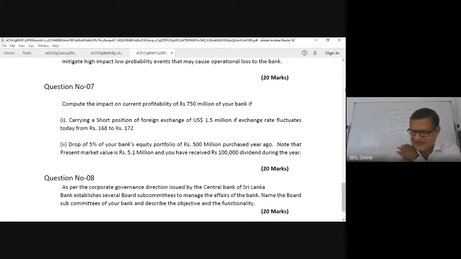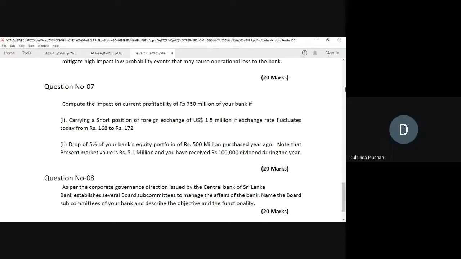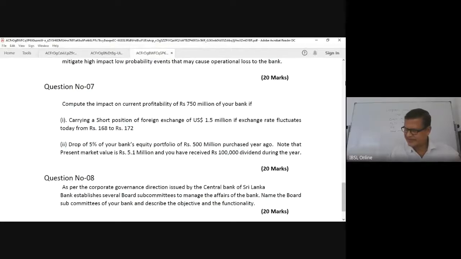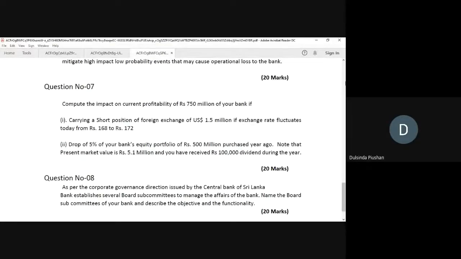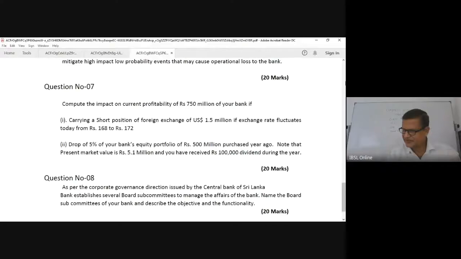So 166 into 1.5, can you give me the answer? If you have a calculator. $753 profit, I believe. So you have 255.